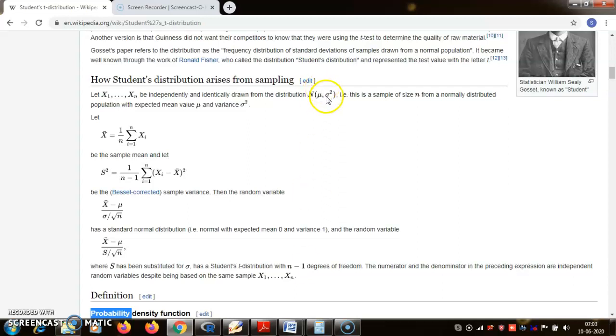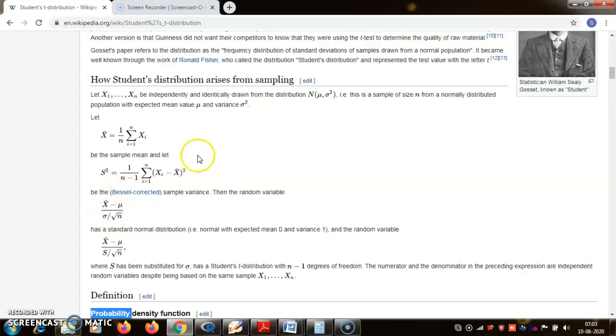Now suppose I change the problem. If x1, x2, ..., xn were IID normal with mean mu and, say, sigma equal to 1, then we don't need the student t distribution, because in that case, x bar minus mu divided by sigma by root n will follow standard normal.